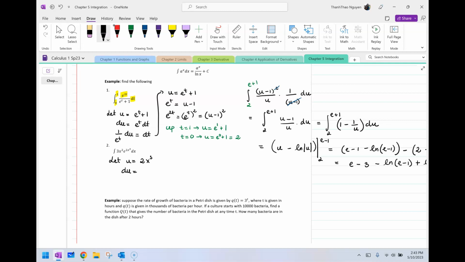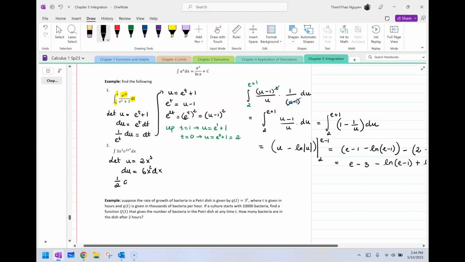Then du equals 6x squared dx. So 1/2 du equals 3x squared dx.